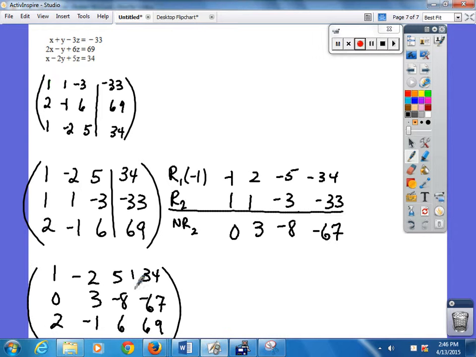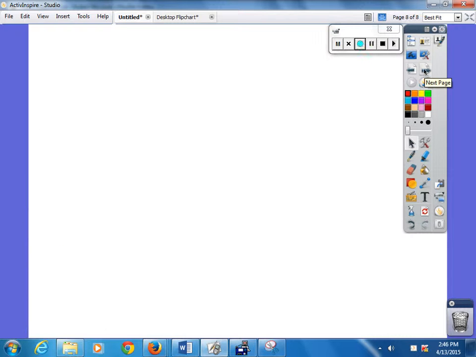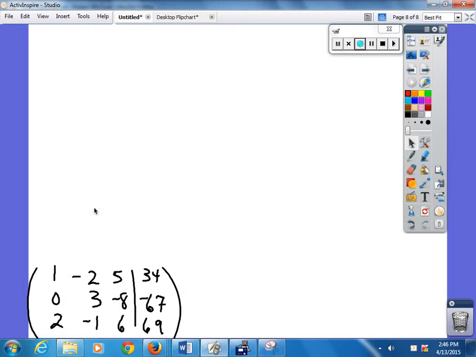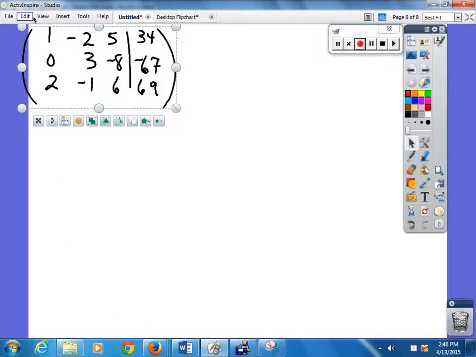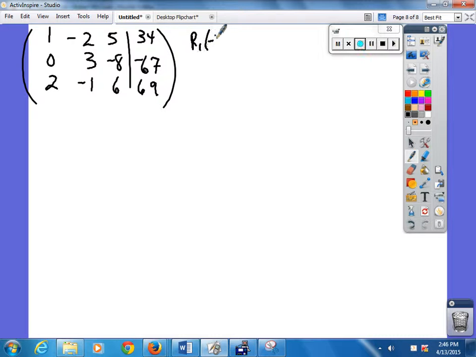Now what? Need to get a 0 right there. So let's take this to the next page. I'm going to take row 1, multiply by negative 2, add it to row 3 to get new row 3.